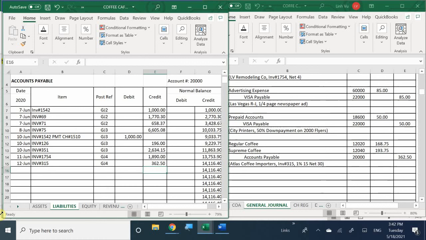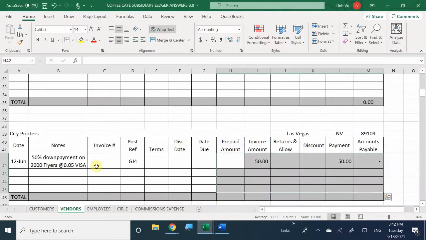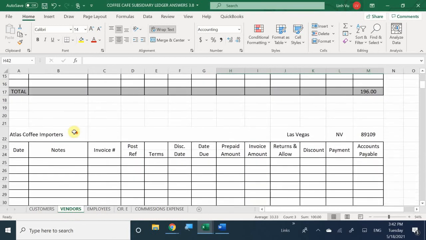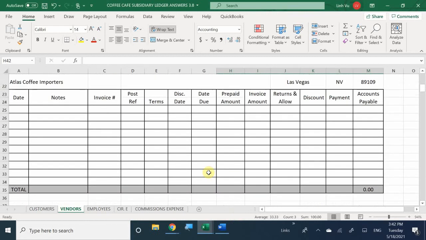Perfect. Okay. Then we're going to go to our subsidiary ledger because we received a bill from Atlas Coffee. For vendors, at the very top you have your All Things Ceramics. It's going to be right under there. As you can see, we're probably going to be making lots of purchases of coffee, so let's list them out.